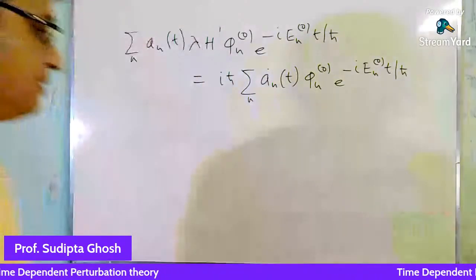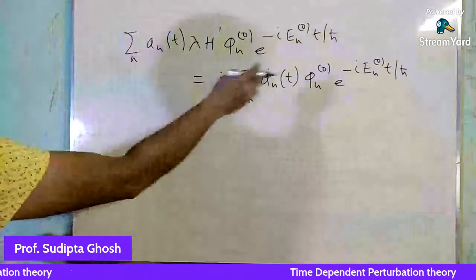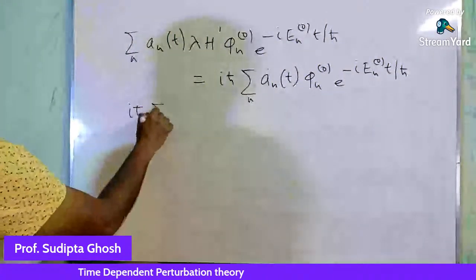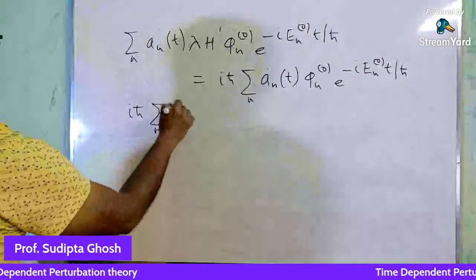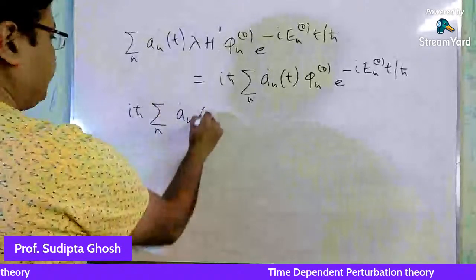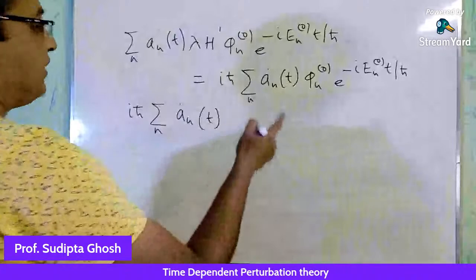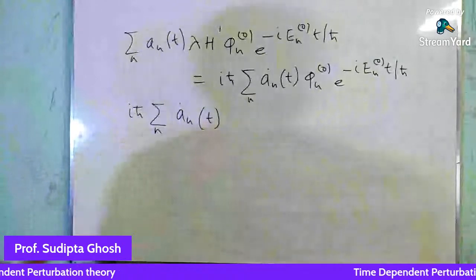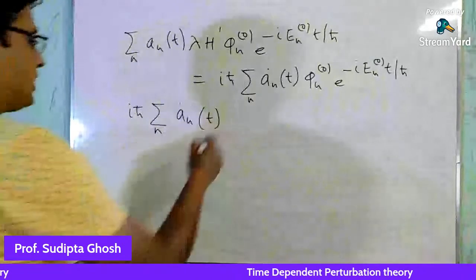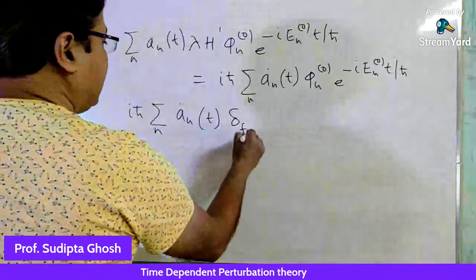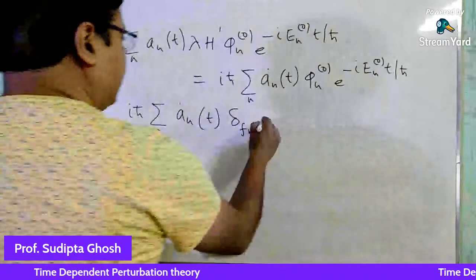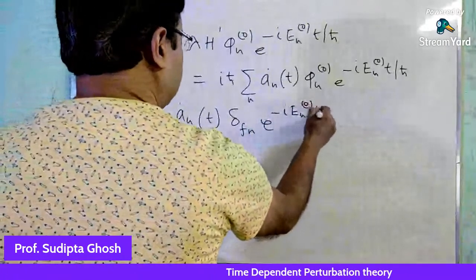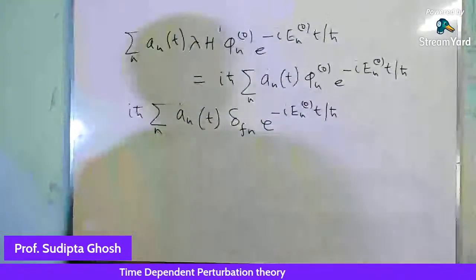So I am writing first the right hand side term, that is i h cut summation over n a n dot t, and as we are multiplying this equation with phi f0 star, this will be delta fn, then e to the power minus i En0 t by h cut. So this is the term.